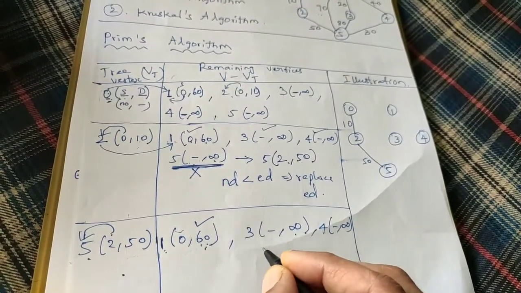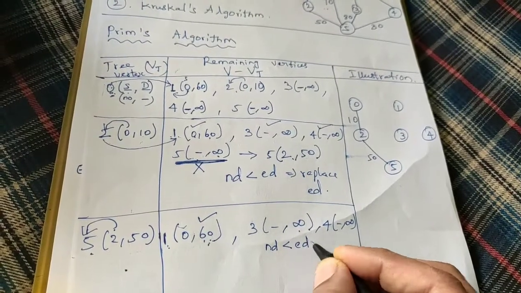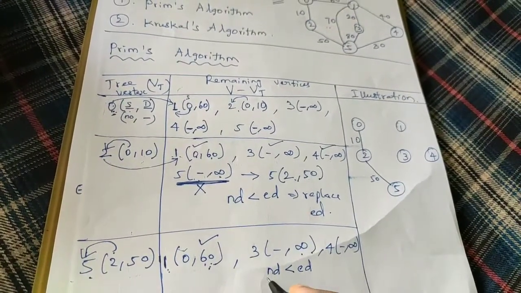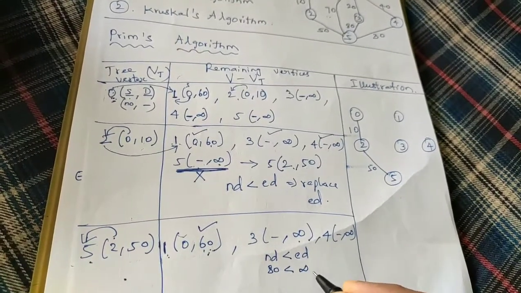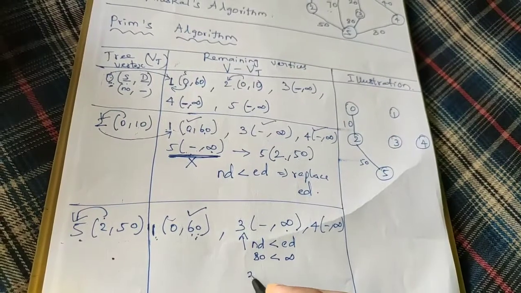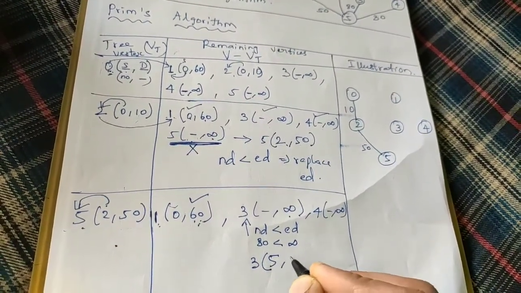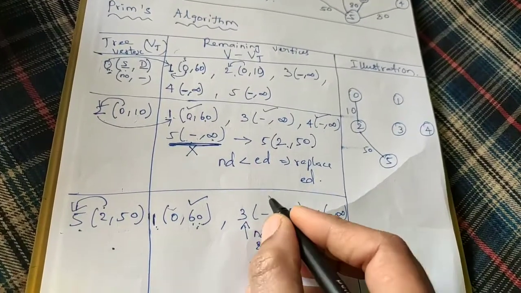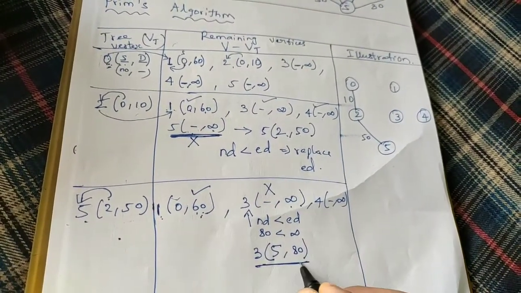That is, new distance is less than the existing distance. So this has to be replaced. 3 can be visited from 5 with the distance 80. So now this no more exists. Now I need to consider this.